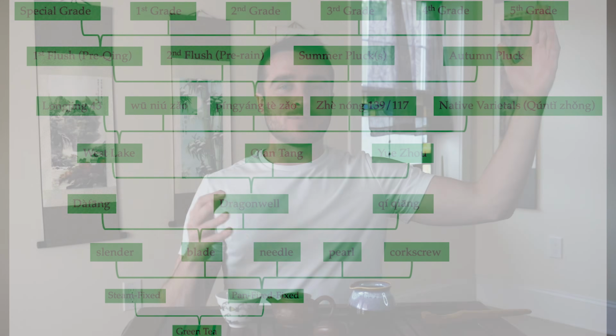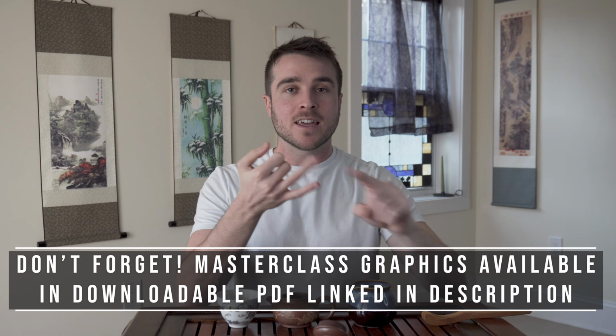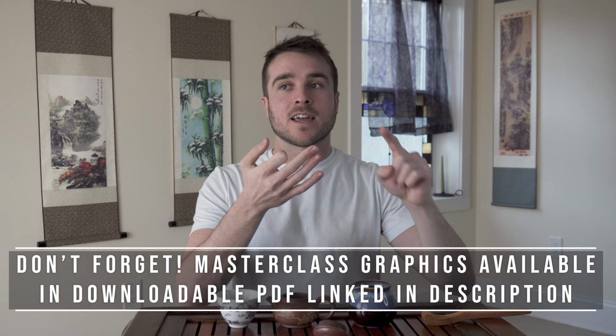Okay, so now we're at the tip of the branch. There's no more ways to differentiate after this, but look at how far we've strayed from the trunk of the tree of tea here. Imagine you have a first grade Pingyang Tezao Westlake Dragon Well, which is a flat blade pan-fired green tea. That's 8 levels.